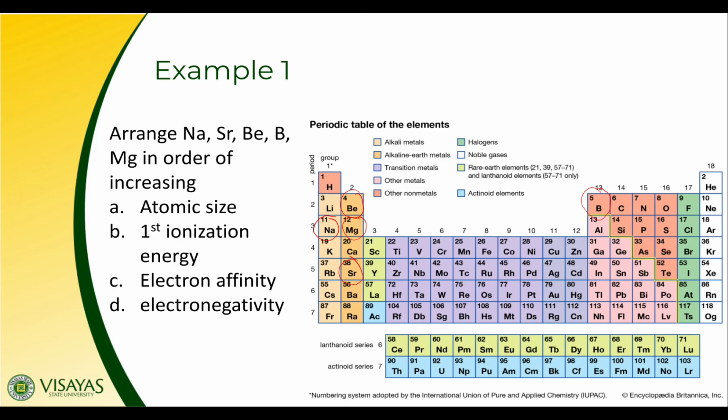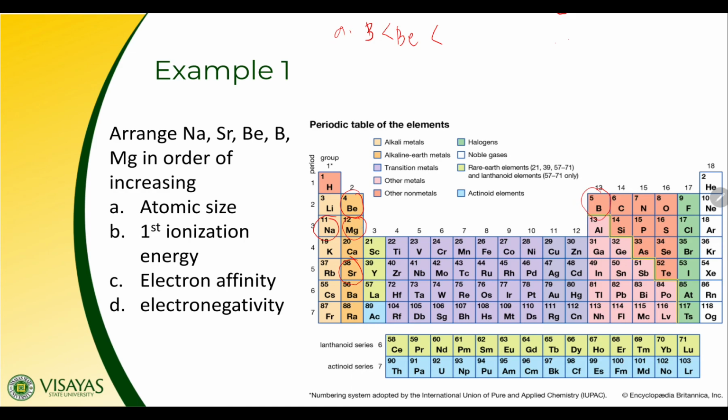What is the trend for atomic size? It increases from top to bottom and decreases from left to right, which means to say the rightmost is the element with the smallest size. So we start with, let's put our answer here, boron, followed by beryllium. Then we go down a group.